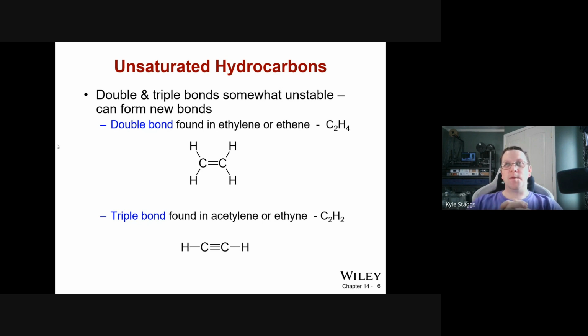So something like that's probably not going to be on the exam, but something like ethylene having double bonds, or acetylene. Acetylene is typically what we're referring to it as.